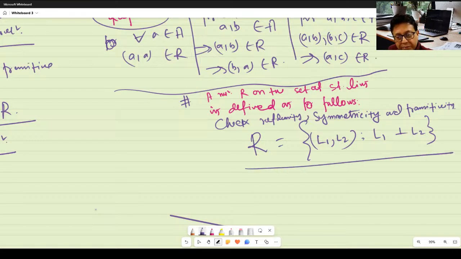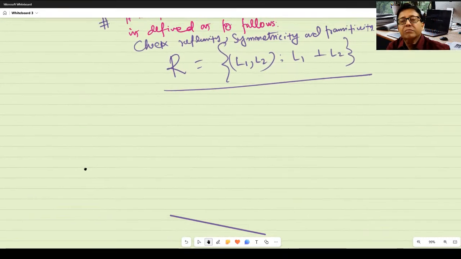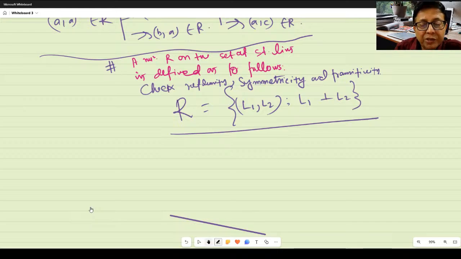All right. Check whether this relation is reflexive, symmetric or transitive. How do you check? You need to start in this manner.